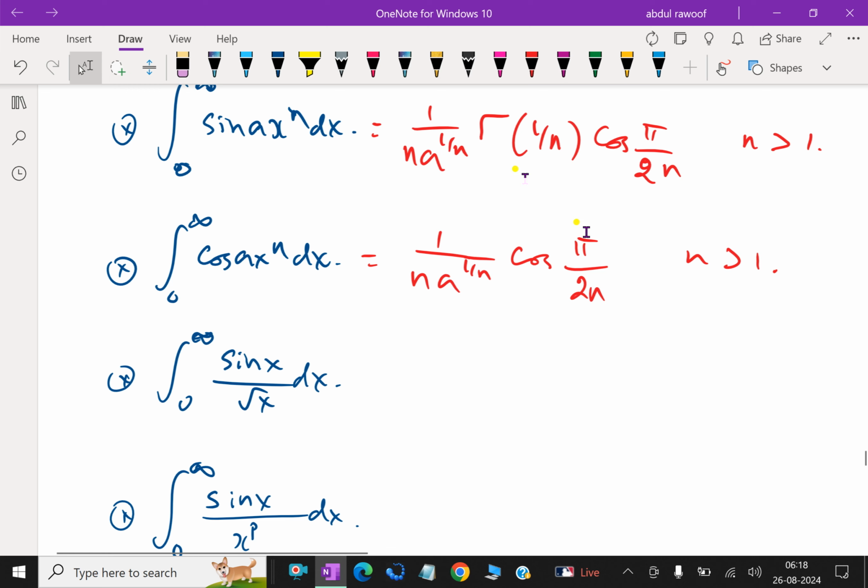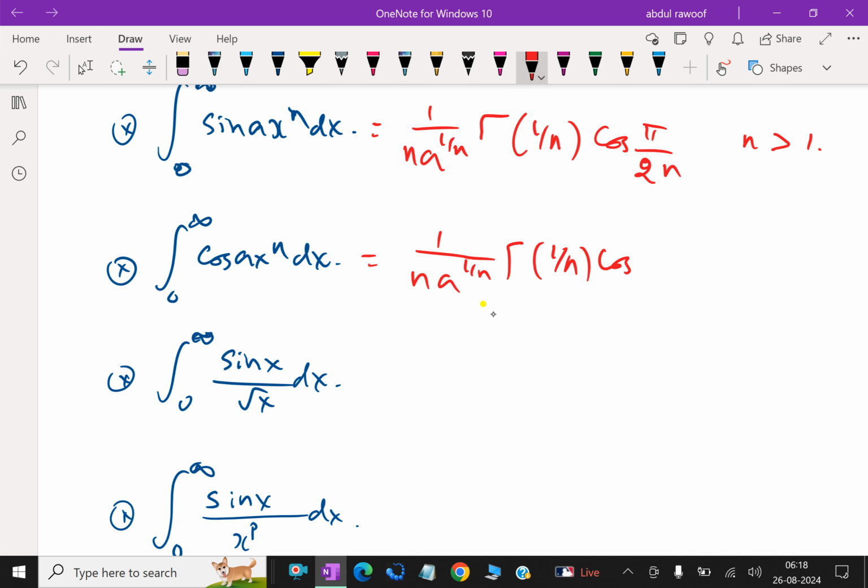This both results same. Here further factorial function of 1 over n cos of pi by 2n, where n is greater than 1.